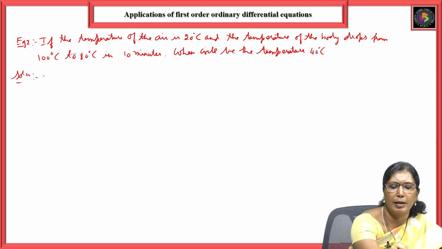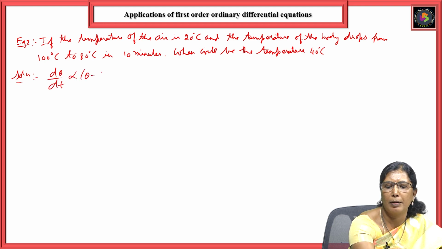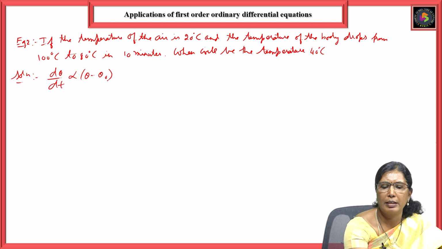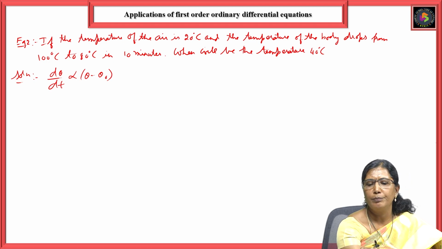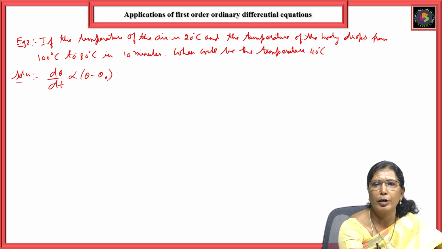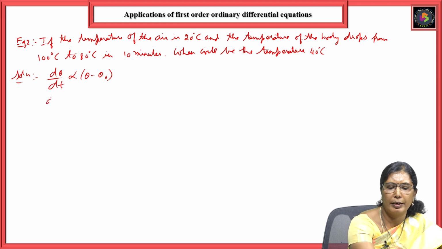The condition is the same. Newton's law of cooling: d theta by dt is proportional to theta minus theta naught, where theta is the temperature of the body and theta naught is the temperature of the surrounding medium. Here the surrounding medium is air. We get d theta by dt is equal to minus k into theta minus theta naught.